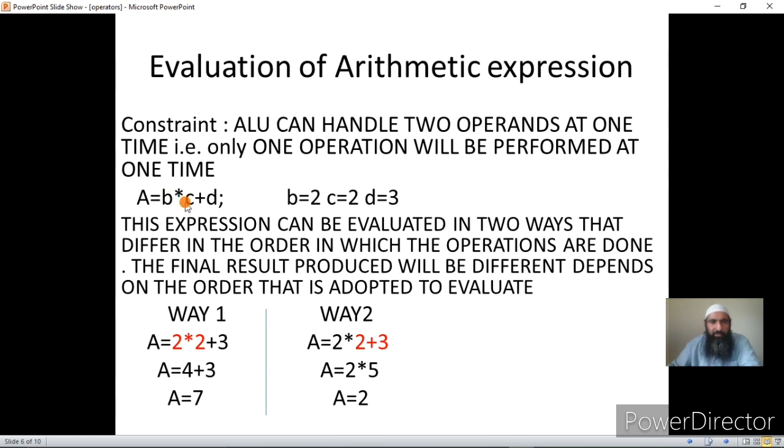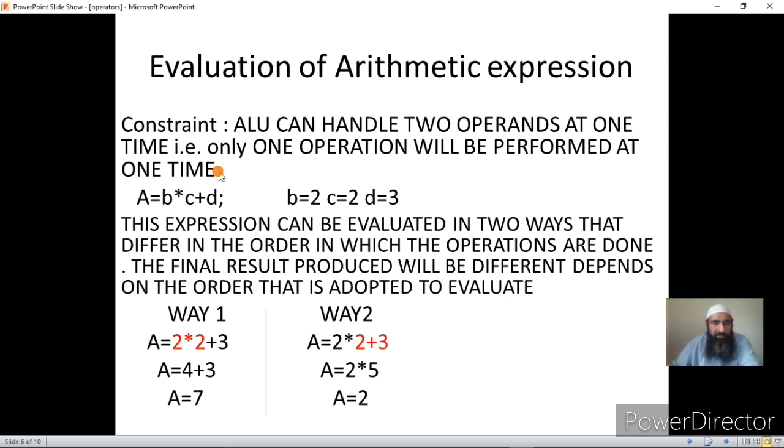Now if I have an arithmetic expression like b into c plus d, this expression has two operations, but the ALU can perform only one operation at a time. So it will either do multiplication or addition. If it does multiplication, then after that it can do addition. If it does addition, then after it can do multiplication.